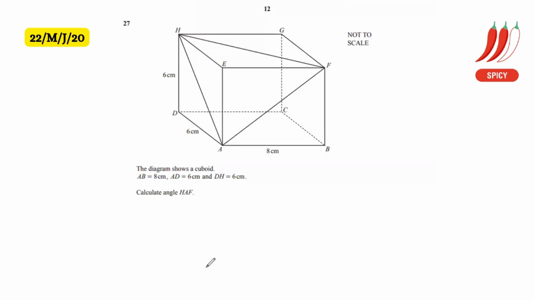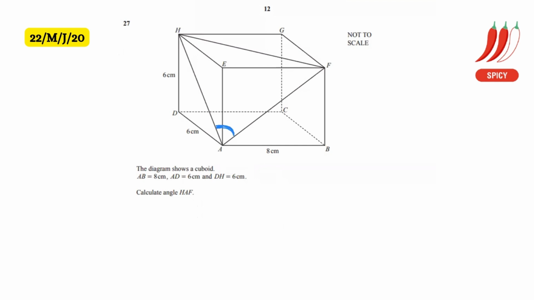This question says the diagram shows a cuboid. AB equals 8 centimeters, AD equals 6 centimeters, and DH equals 6 centimeters as well. Calculate angle HAF. This is the angle they want us to calculate.